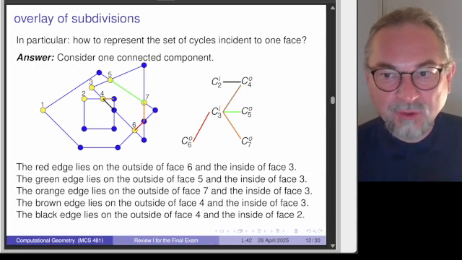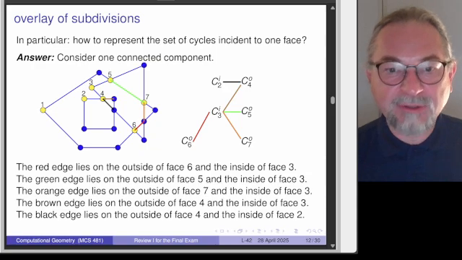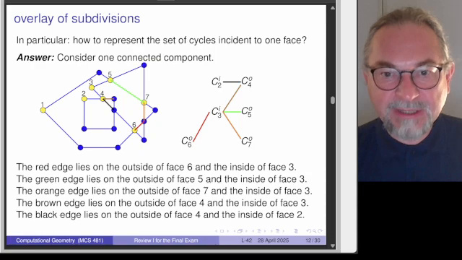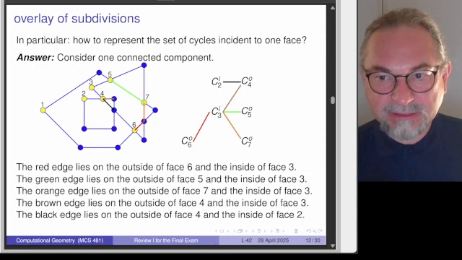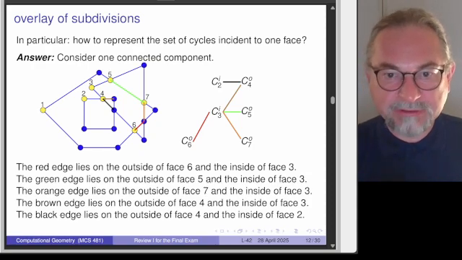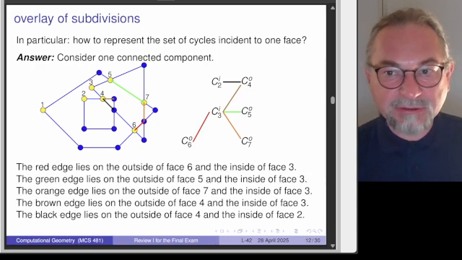And I focused on one of the largest connected components, and I indicated the connections. So we have the cycles in the graph. The nodes in the graph are the cycles. The connections correspond to the edges.